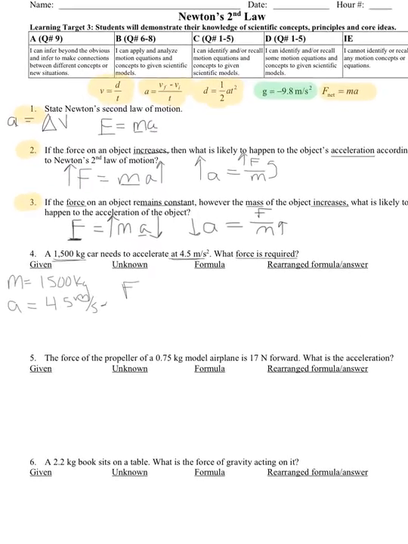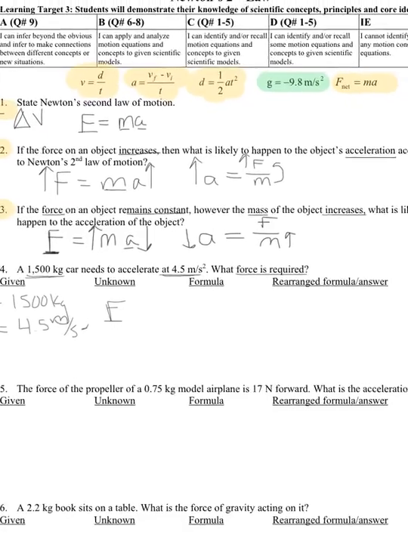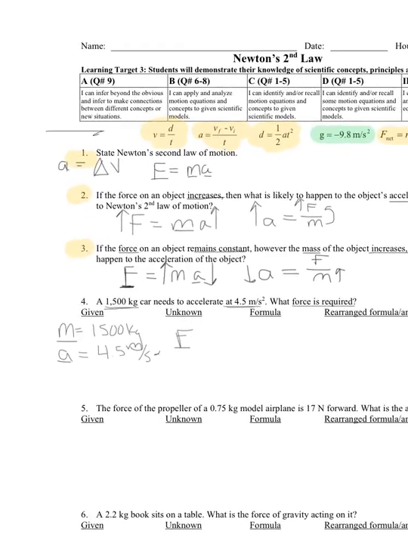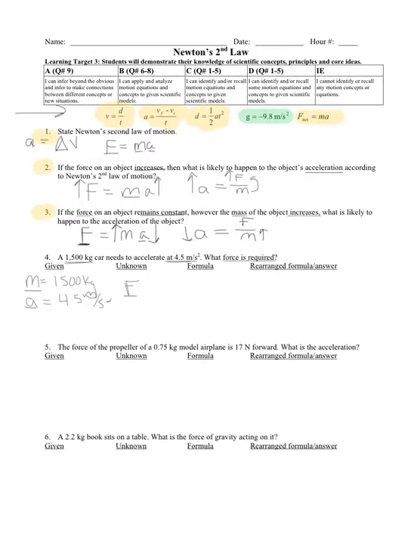Let's figure out which equation we should use. We have an M, an A, and an F. Which equation up here do you think I should use? It should contain an M, an A, and an F. And you would be right. The formula should be F equals MA. That's what I'm looking for.